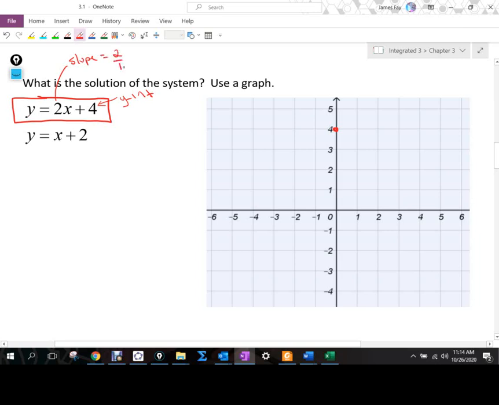And you ran into this issue, and it's just the way Math Excel works. In the example that they gave you, I think maybe it was on the quiz on Friday, right now, if I want to go up 2 and to the right 1, I've got to extend my graph. When you're in Math Excel, it wouldn't let you do that.